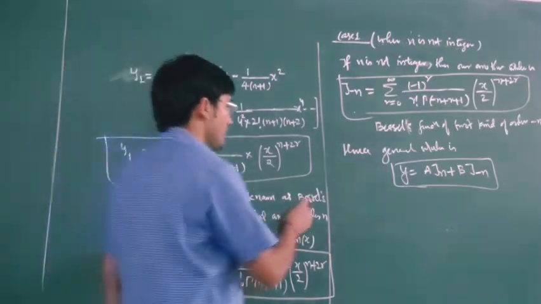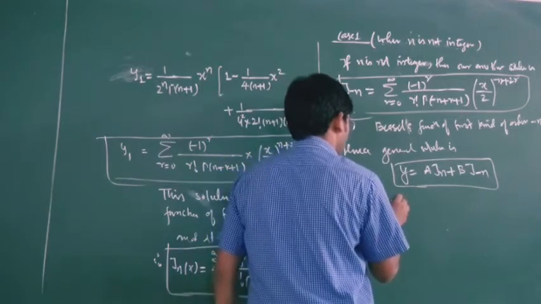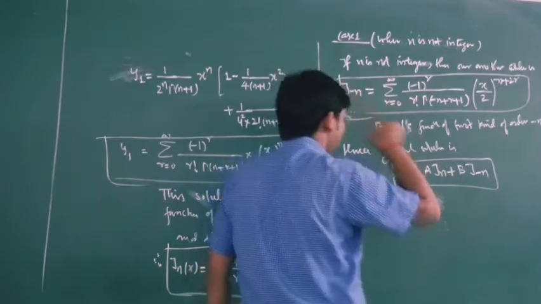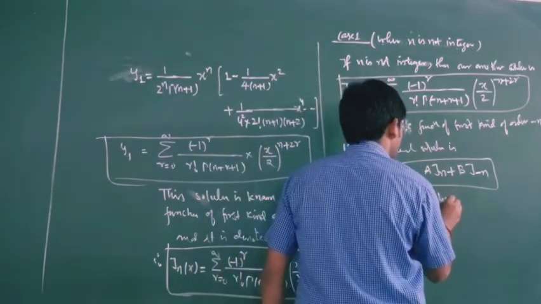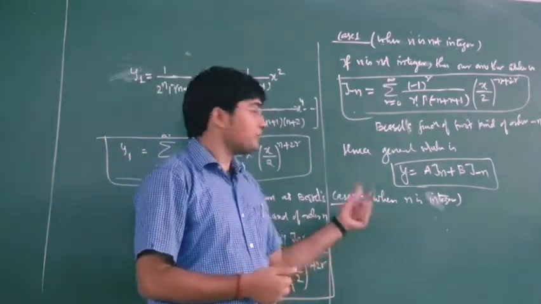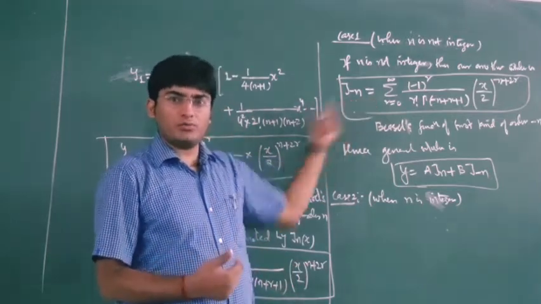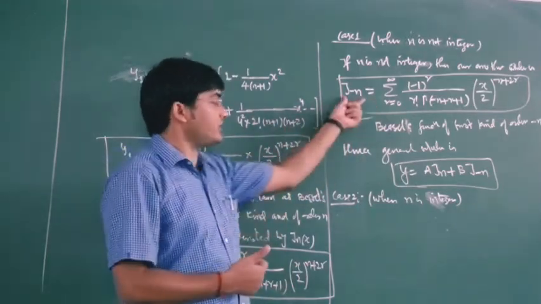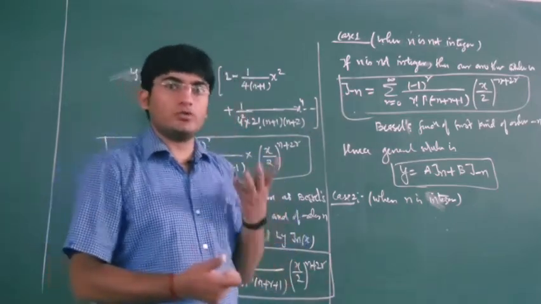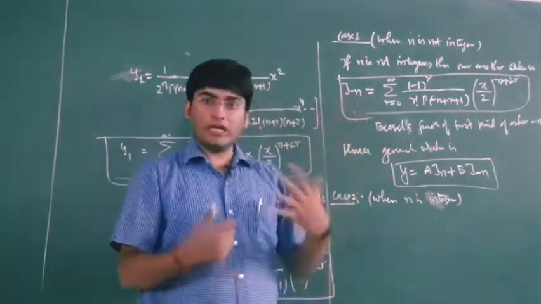Now case 2, that means when n is integer. This was when n is not integer. Now if n is integer, then J minus n is some function of Jn. So when n is integer, J minus n will not give you an independent solution; it will come in terms of Jn.